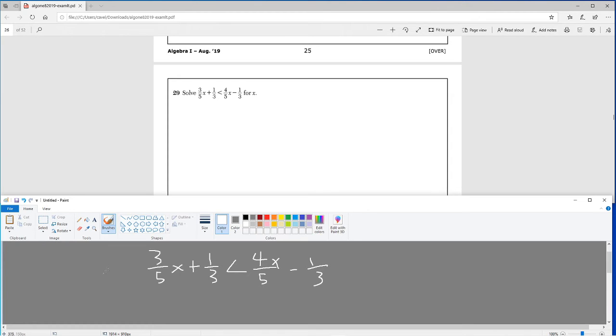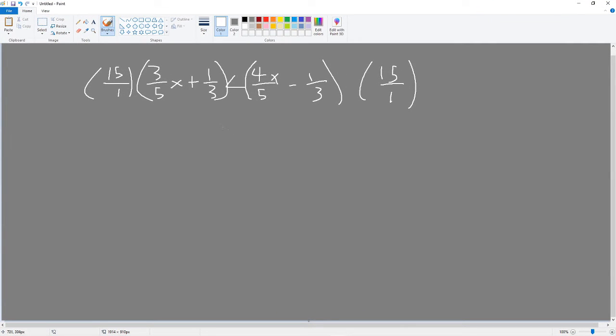So if I multiply everything by 15, let's look at this. I could do 15 times 3, or I could see that 15 divided by 5 is 3. Actually, hold on.